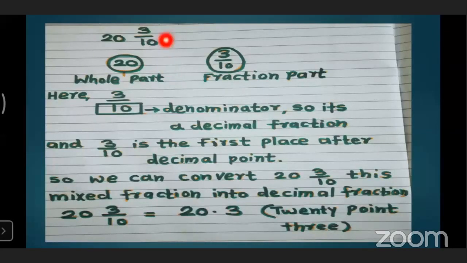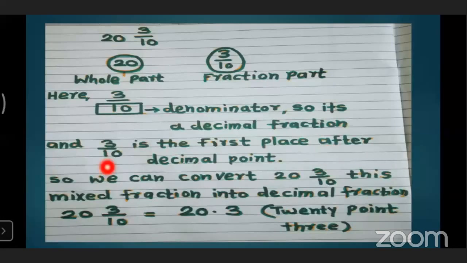Here in 3 upon 10, 10 is the denominator, so it's a decimal fraction. Now 3 upon 10 is the first place after the decimal point. Okay, 1 upon 10, as I said, so 3 is in the first place after the decimal point.